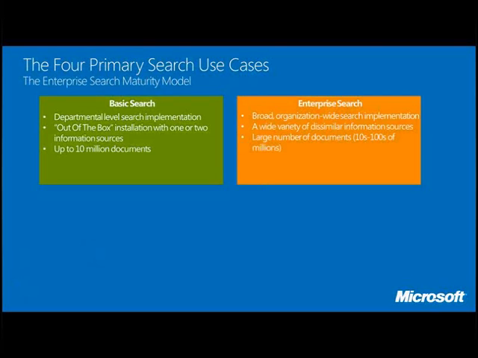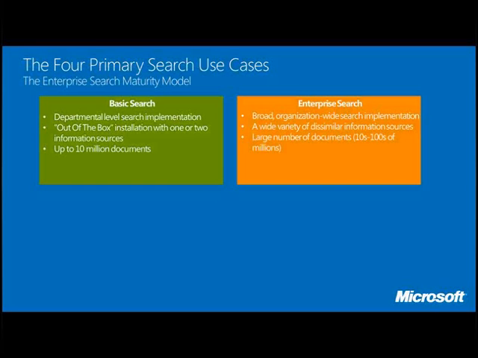A little bit more elaborate is enterprise search, where you start talking about more data volume and a wider variety of data sources presented in a single search page. This is your normal corporate environment where you might have some file shares, SharePoint data, or a database application that you integrate, but it's primarily your intranet search across the corporate assets.